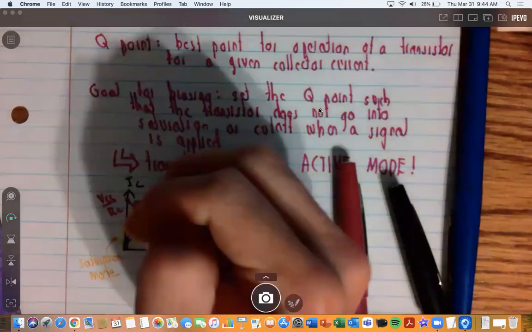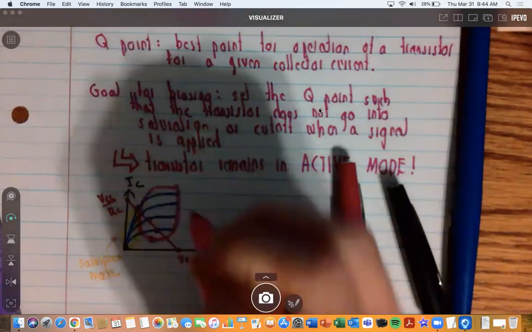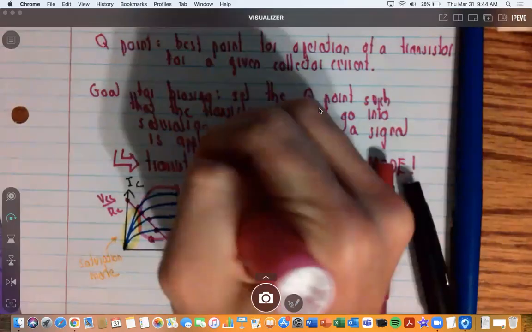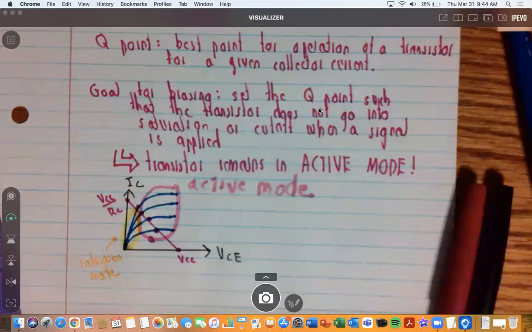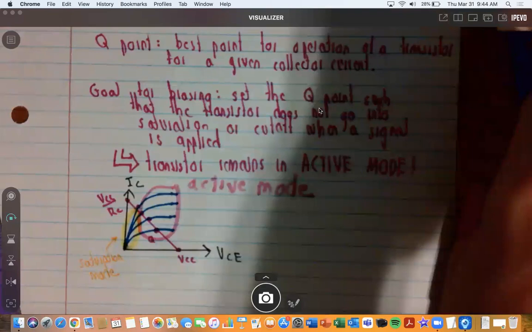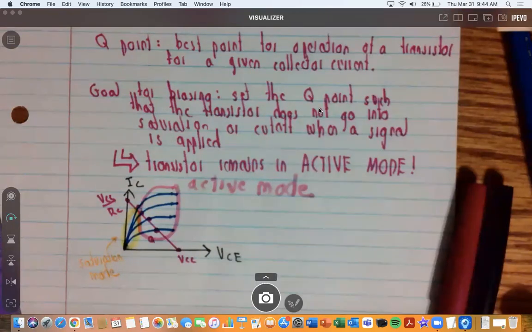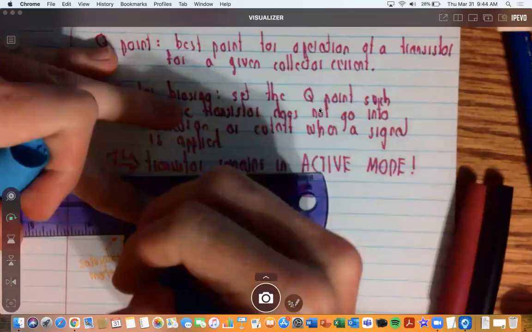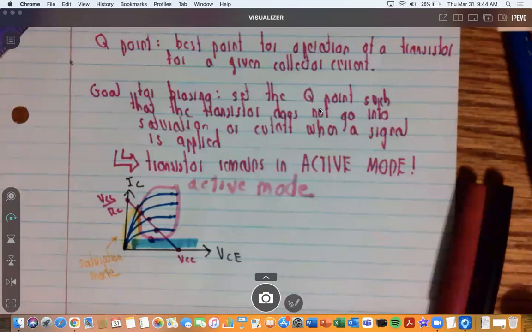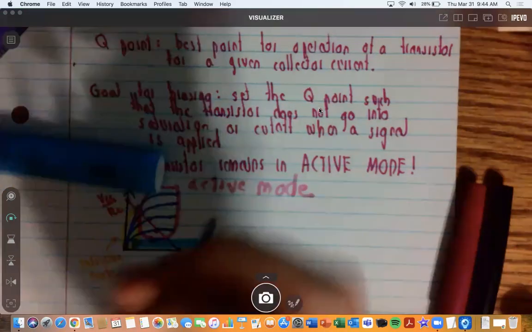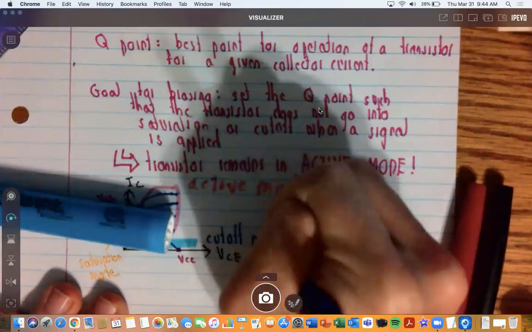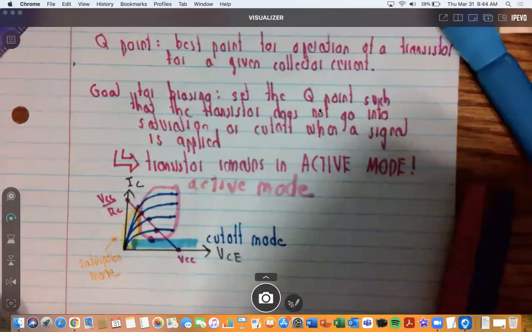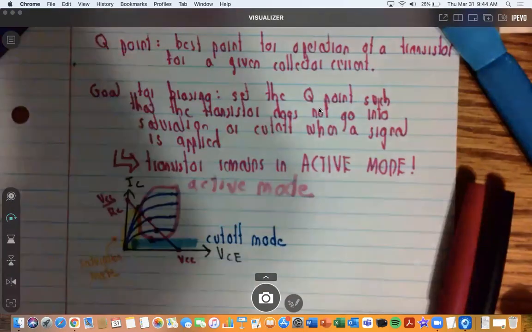Let me just circle them. This is our active mode. And then down here at the bottom, this is where cutoff occurs. So in this lower portion, you'll see it on the curves when you search it up. That is the cutoff mode. So those are the three different mode types that you're going to have mostly.